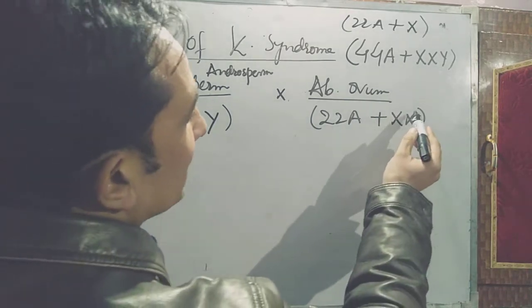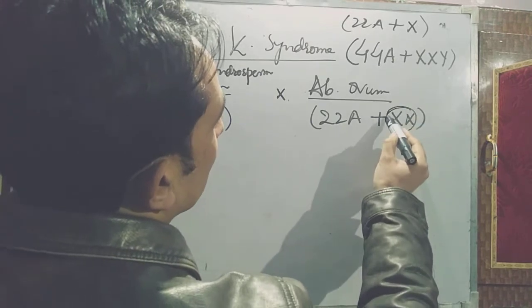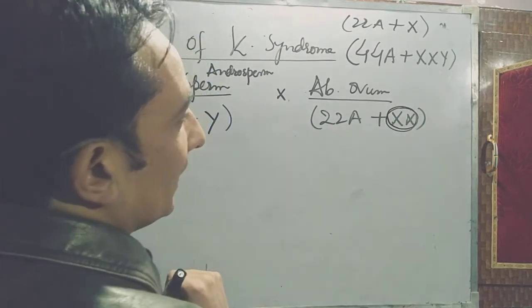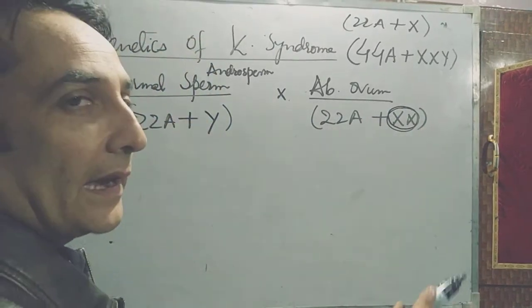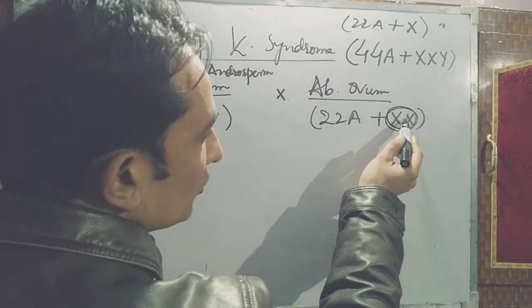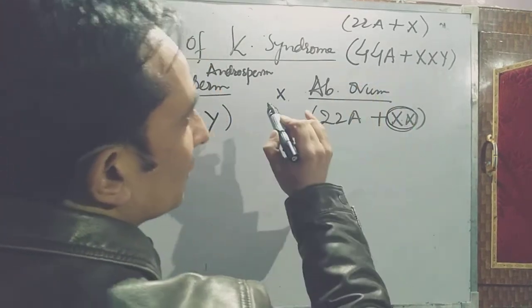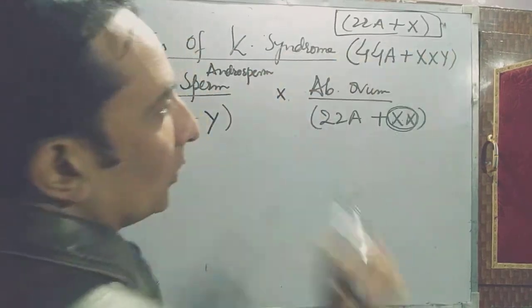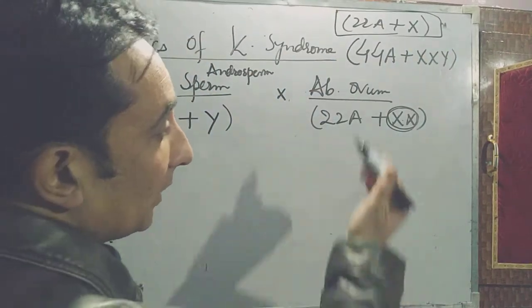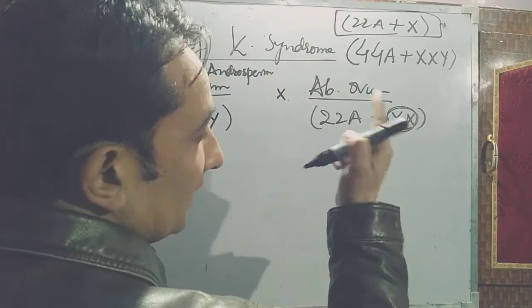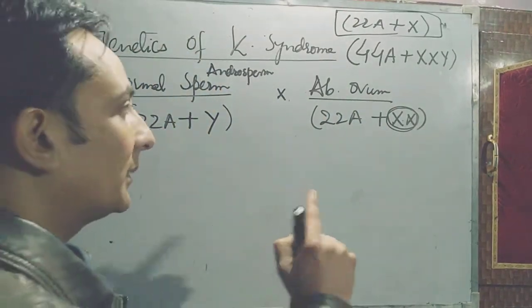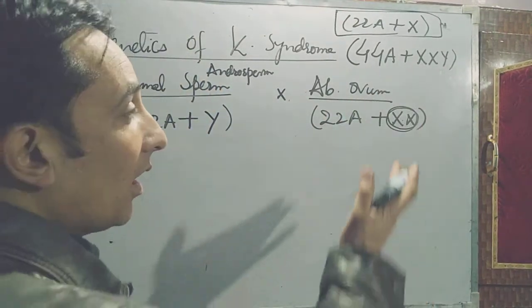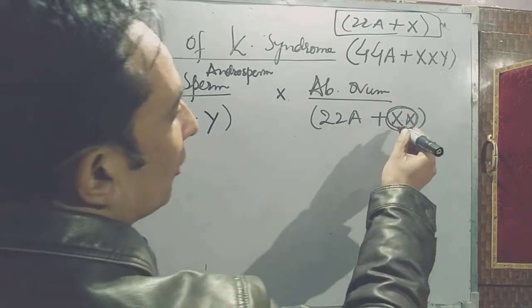But over here you have seen a condition where the XX pair has not separated. This X chromosome should have been separated from this X chromosome, so that the chromosomal formula in the ovum should have been 22A plus X. But over here the disjunction has not happened. Disjunction means separation of the XX pair has not occurred.